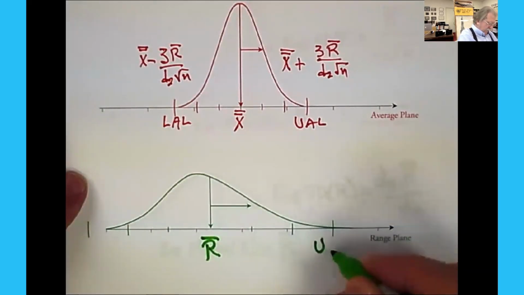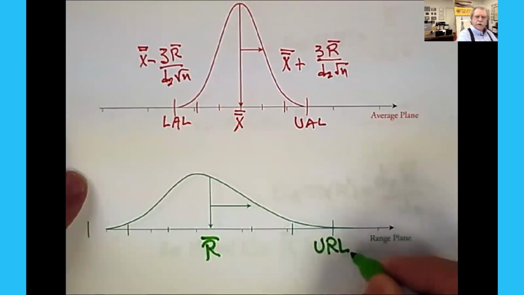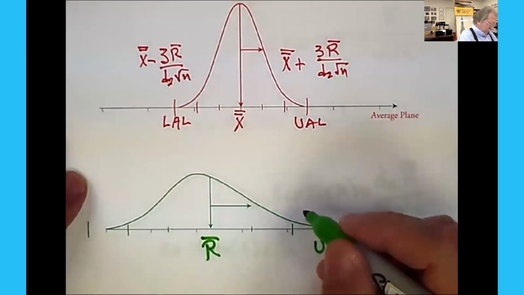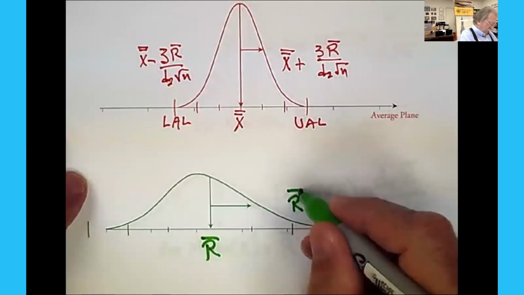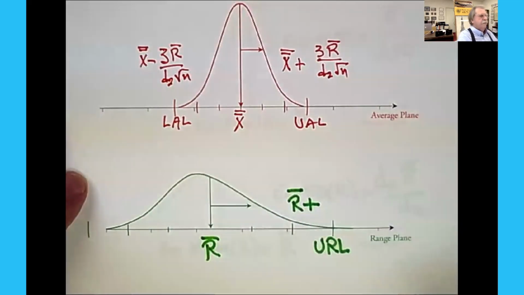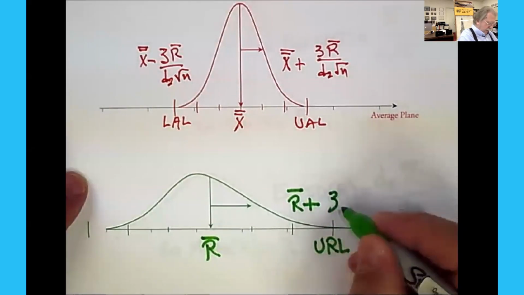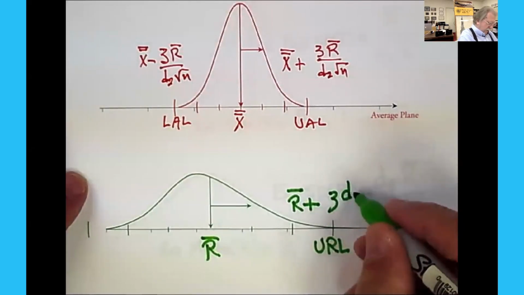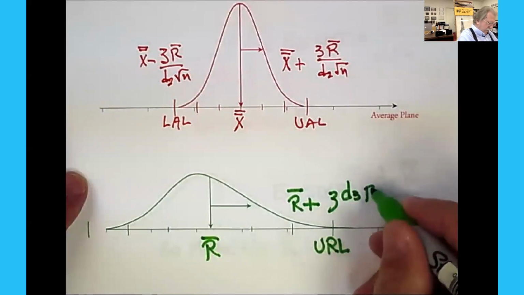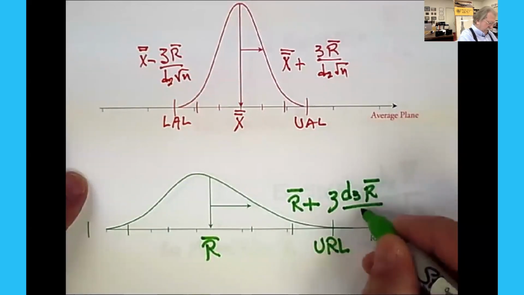The upper range limit would be R bar plus 3 D3 R bar over D2.